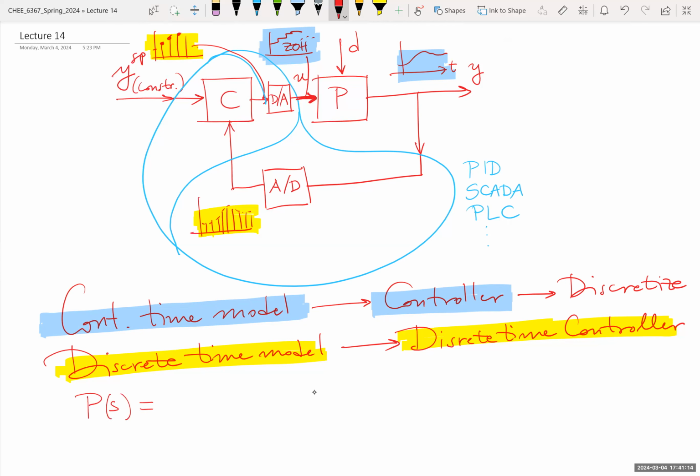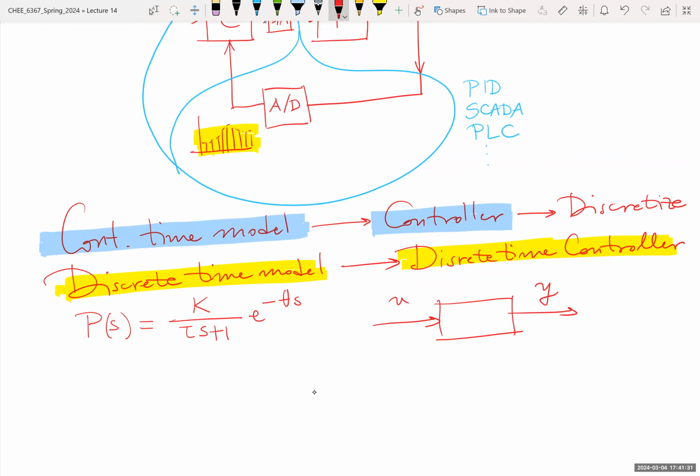For example, if it's first order plus time delay, like this. And we know what is the corresponding differential equation that connects U to Y. If we have here this P of S, we know that we have Y prime of T plus Y of T is equal to K U of T minus theta.